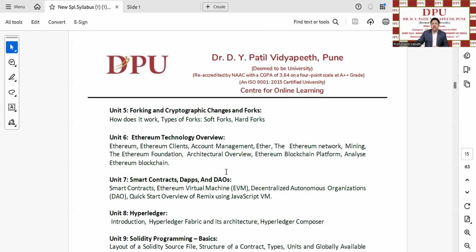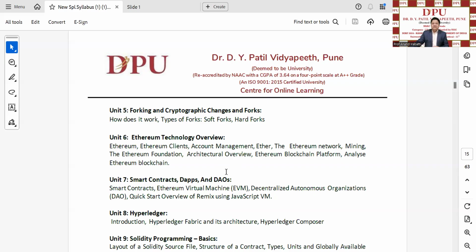Now we come to unit number 5, that is forking and cryptographic changes and forks. So here, whenever a change occurs in the blockchain application, in the blockchain network, then it triggers a fork. We call it a fork. If you make a change in the protocol of the blockchain, it triggers a fork.